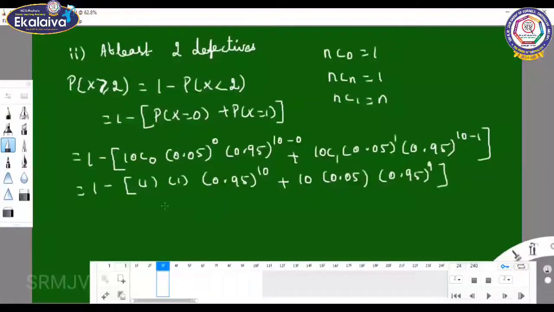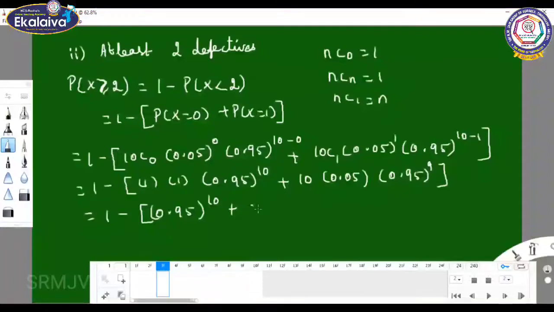0.95 whole power 9. So it gives 1 minus 0.95 whole power 10 plus 10 into 0.05 into 0.95 whole power 9. You can do the calculation.